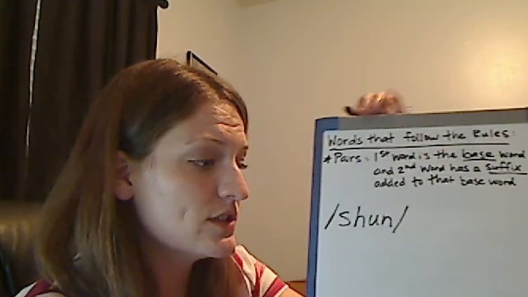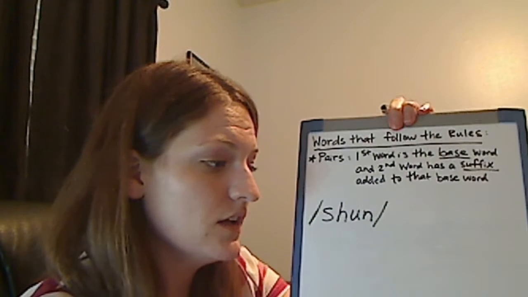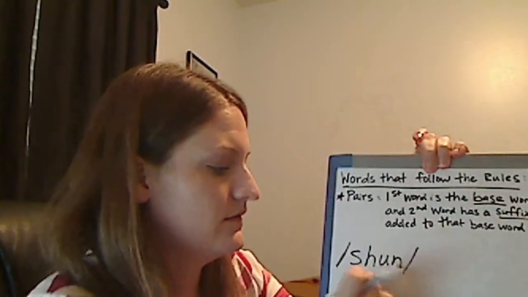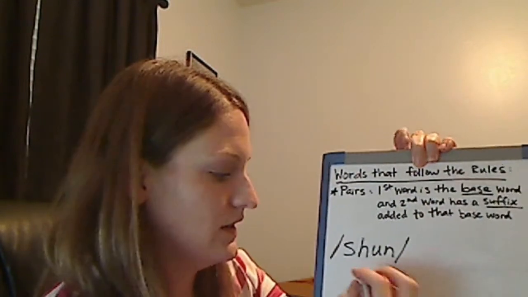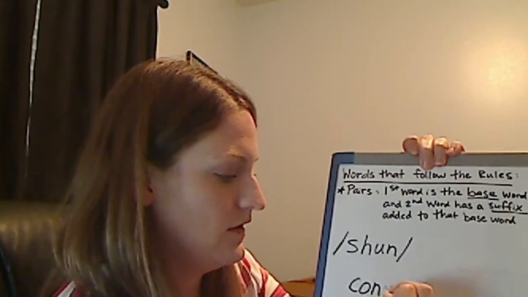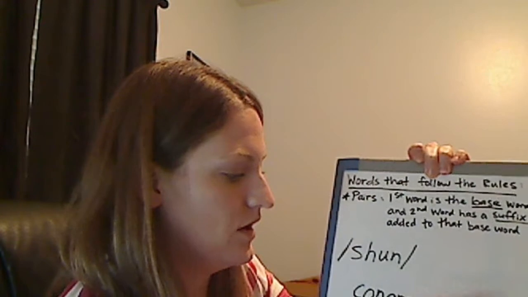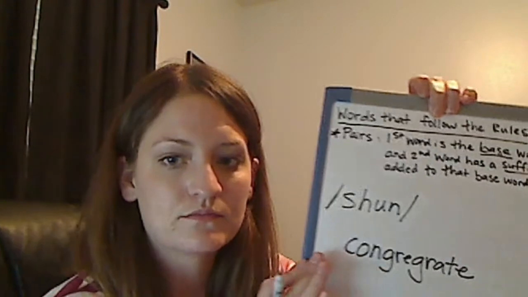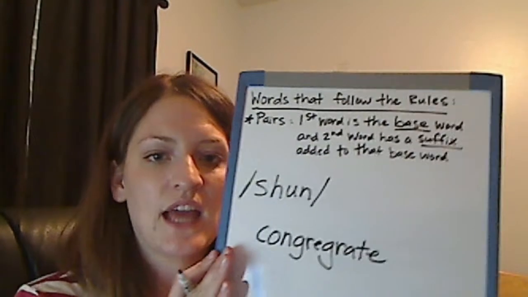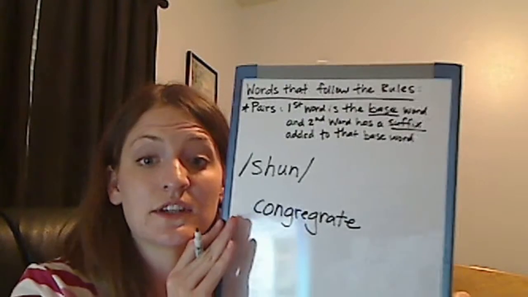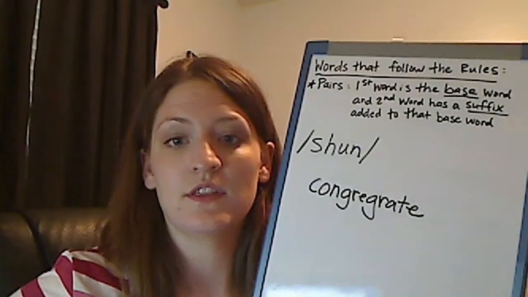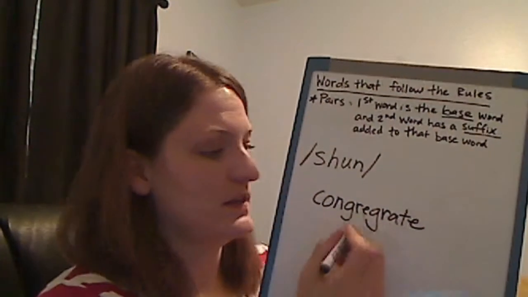The first words on your list, let's take a look at the word congregate. Okay. So if I write the word congregate, that's your base word. And to add the suffix shun to this word, you have to do a couple of things. Okay.